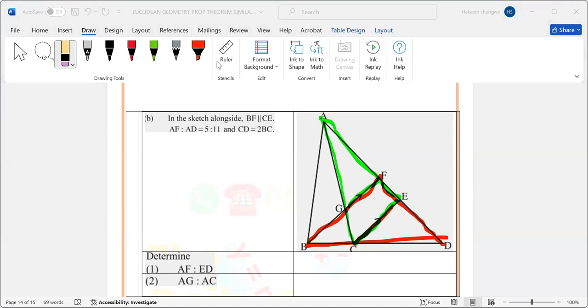All right, but you can see one is green, and the other one is red.